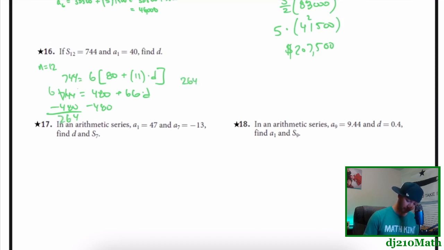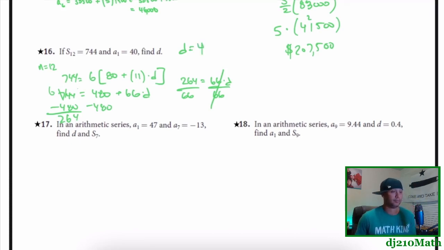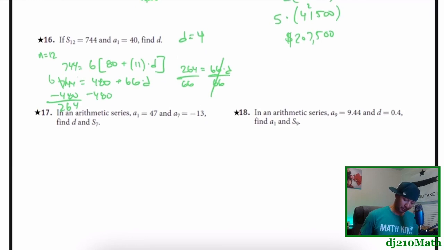So 264 is equal to 66D. Divide both sides by 66. Oh man, you made me bring out a calculator. So 264 divided by 66. 4. I knew it was going to be a whole number. So here the common difference is equal to 4. That one's kind of fun, going backwards.